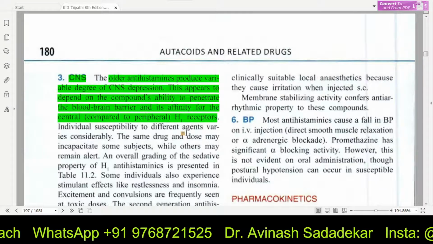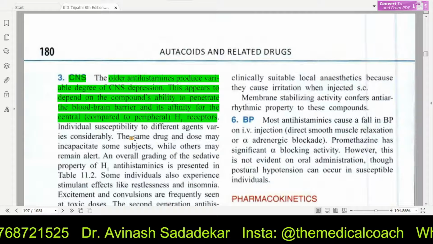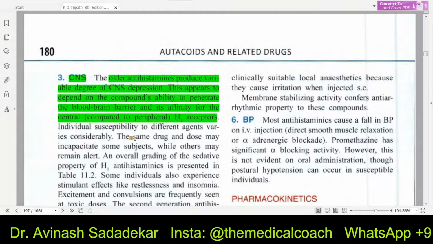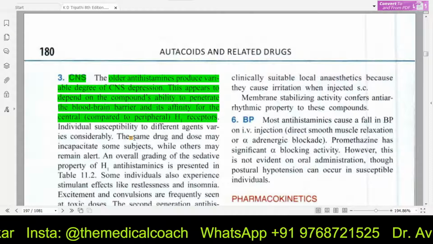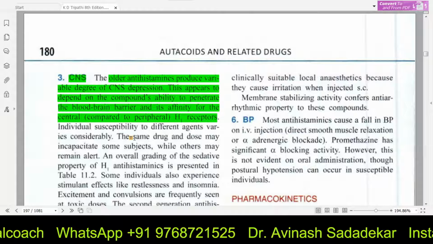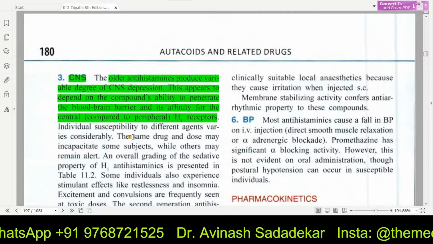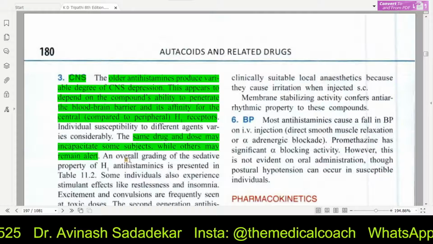They are excitatory. When you block them, there will be inhibition. Now, please note that each human being has different concentrations of receptors and different blood-brain barriers, and as a result, individual susceptibility to different agents will vary. Same drug, same dose may incapacitate some patients, others will remain alert.